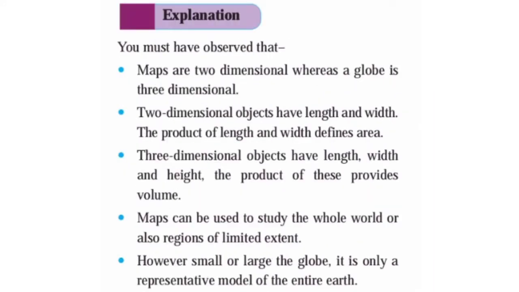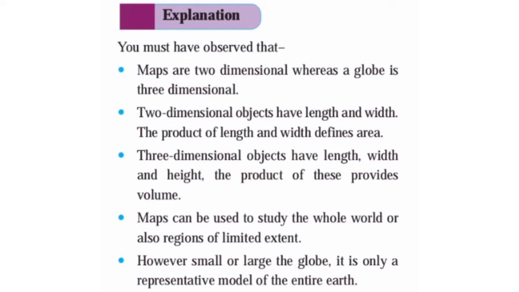So after solving, you must have observed that point 1: maps are two-dimensional, whereas a globe is three-dimensional. Now let us understand the meaning of two-dimensional in the second point. Two-dimensional objects have length and width.